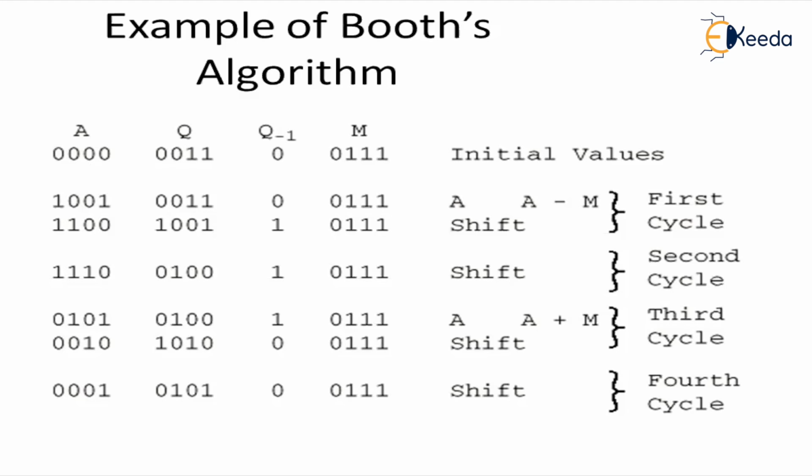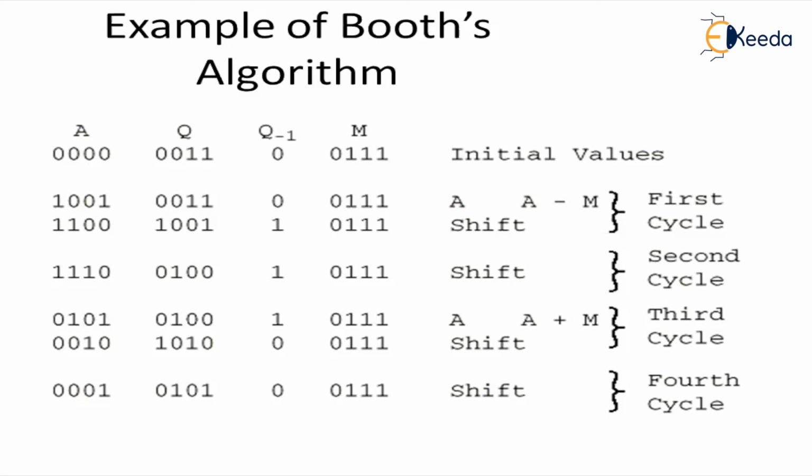So 1 and 0, as we have seen, means you have to perform a minus operation, that is, A is equal to A minus M, and the result will again get stored in the accumulator. When performing A equals A minus M, the result is 1100 1 0 0 1 1 and 0 1 1, and this is the shift operation which has taken place.